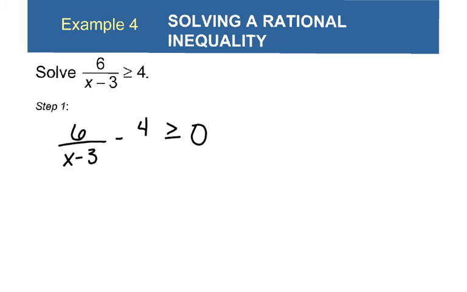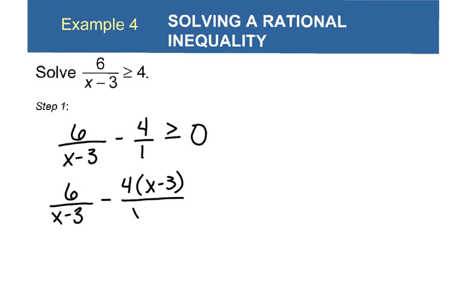All right, so here we have this inequality, and now what we're going to do is get a common denominator. In order to do this, our common denominator is just going to be x minus 3. So this needs to be multiplied by x minus 3 in order to put x minus 3 in the denominator.